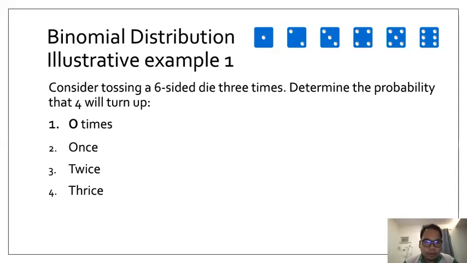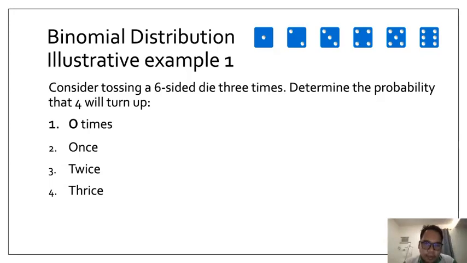So recall that when we say binomial probability distribution, we're only considering two types of outcomes, a success and a failure, in independent repetitions of events, that is, with replacement.